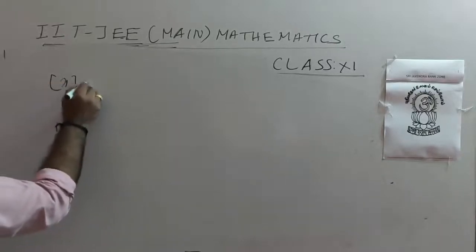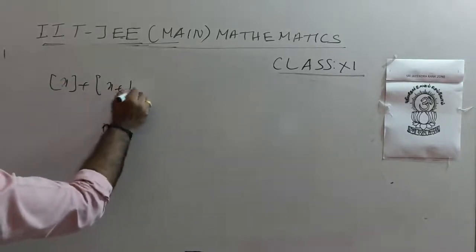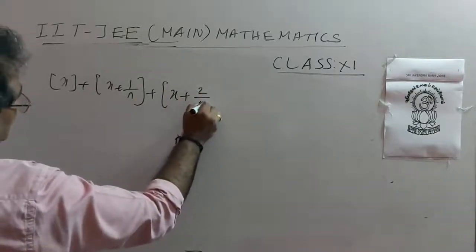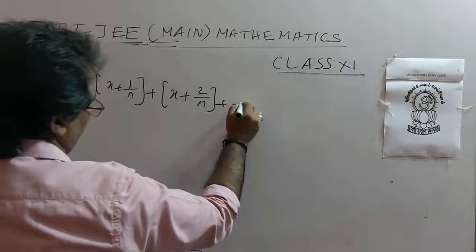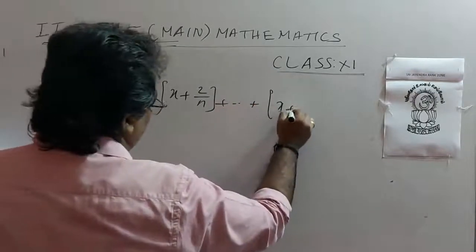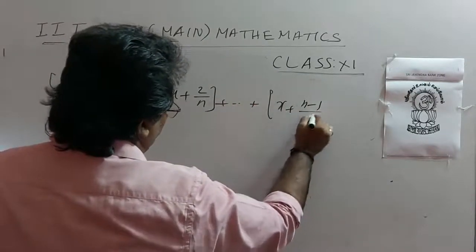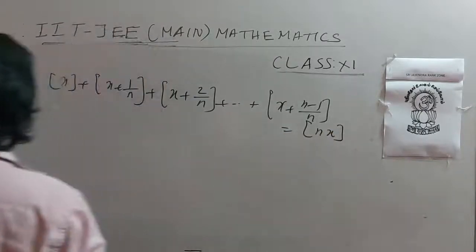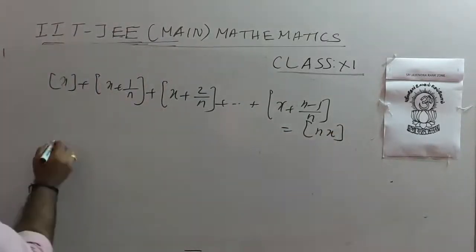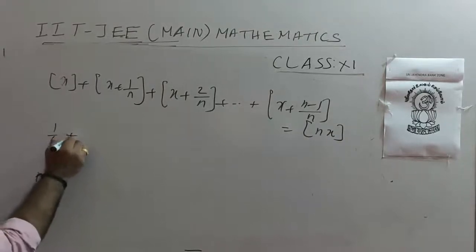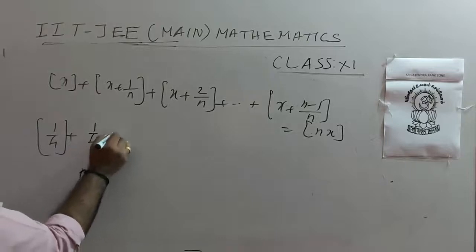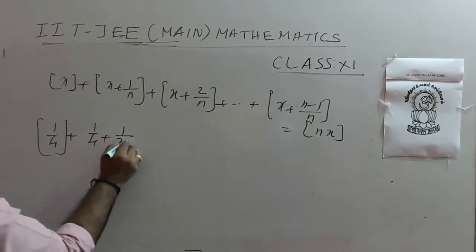x plus 1 by n, x plus 2 by n, up to x plus n minus 1 by n, equal to nx. Using this, 1 by 4 plus 1 by 200.